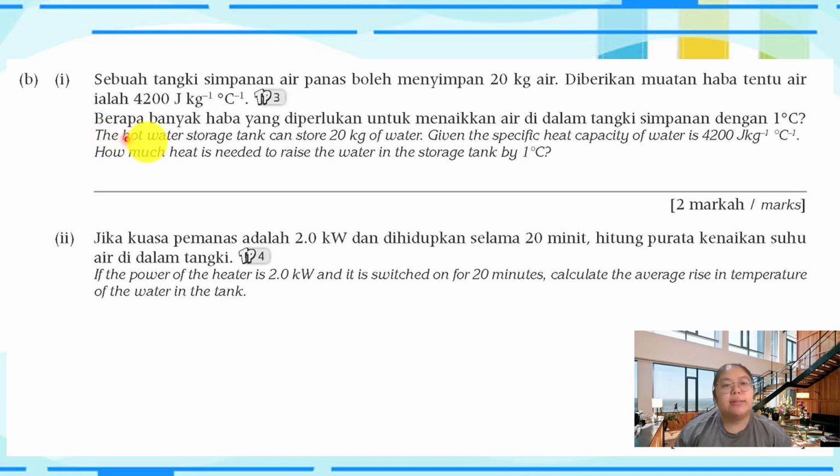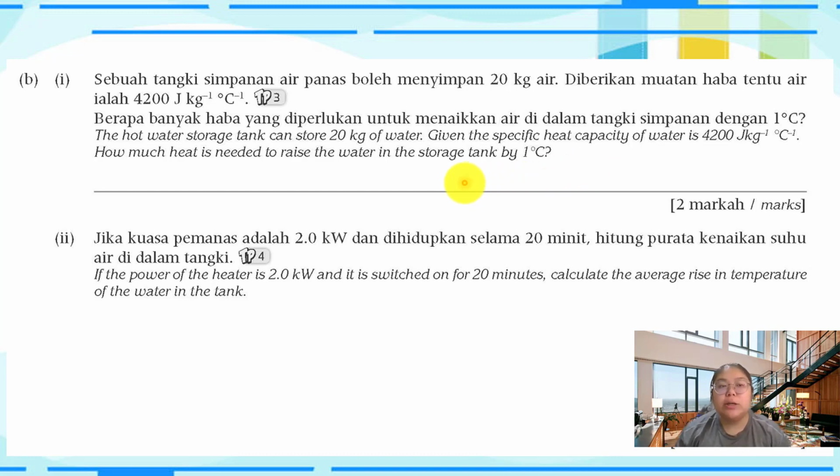Next, B1 is about a hot water storage tank with 20 kilograms of water, given the specific heat capacity. How much heat is needed to raise the water in the storage by 1 degree Celsius? They want to find the heat energy.